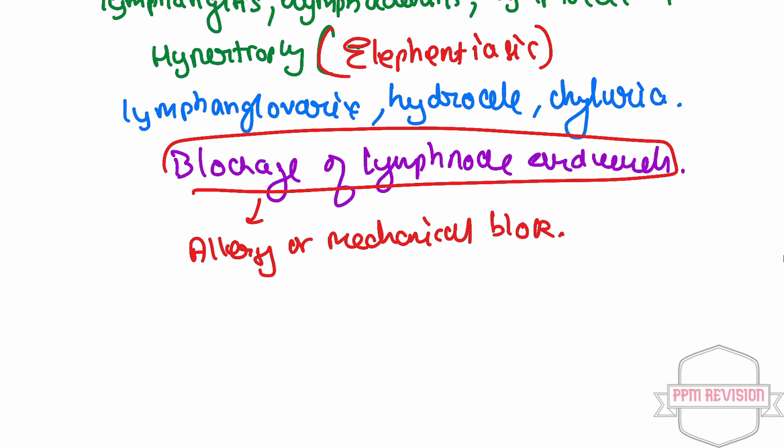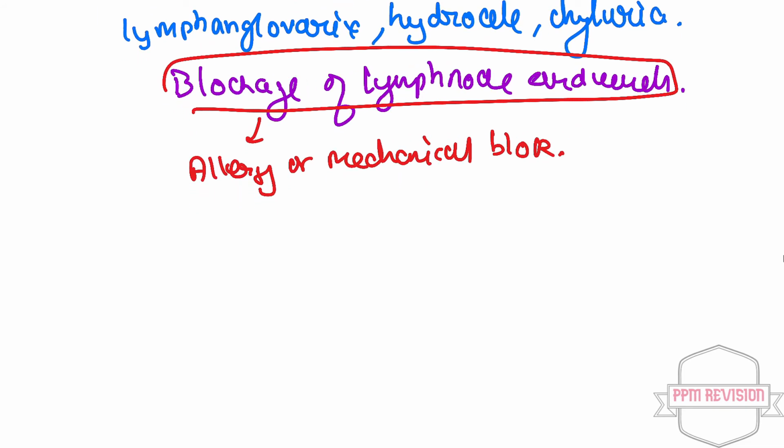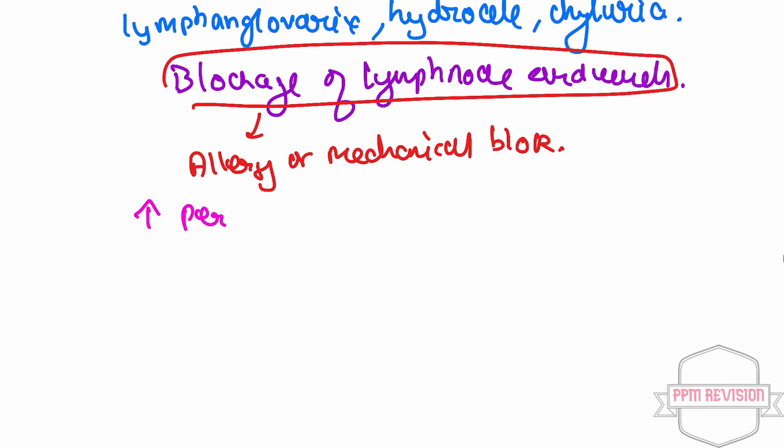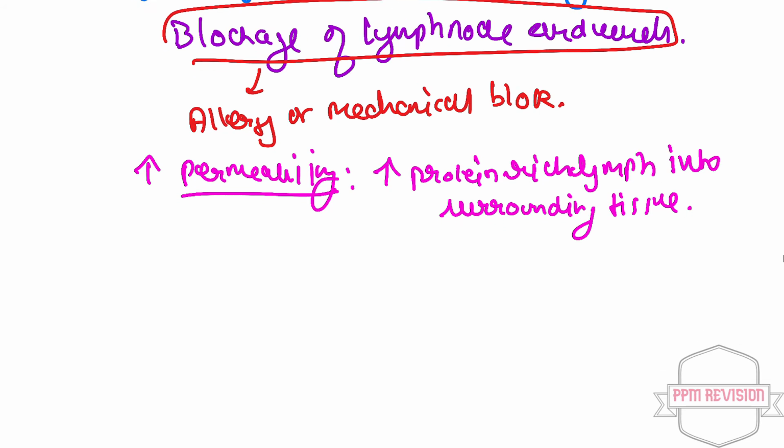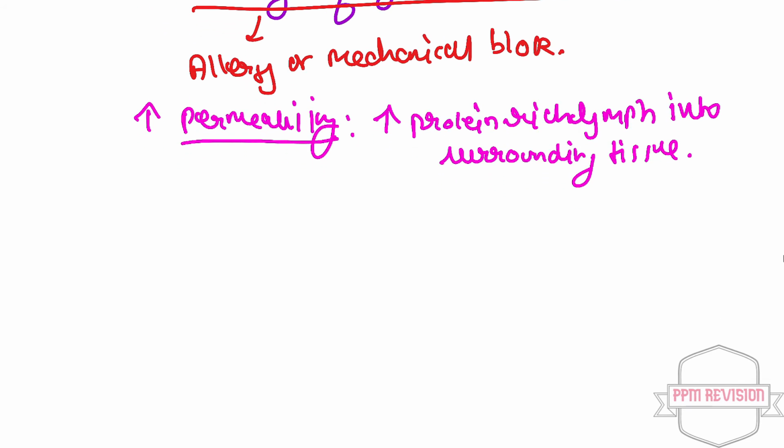And what is seen is increased permeability, and because of increased permeability, there is an increase in protein-rich lymph into the surrounding tissue. Due to this, there is an increase in lymph in urine.